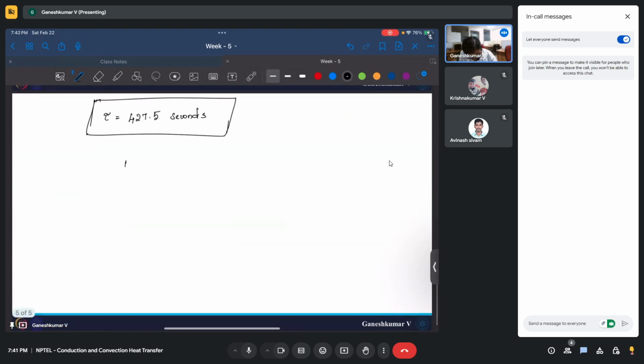So we can write theta is equal to theta i times e power minus t by 427.5 seconds. Now we also know theta i. Theta i is nothing but t minus t infinity, where t infinity we are calling T_g infinity, and theta i is the initial temperature.